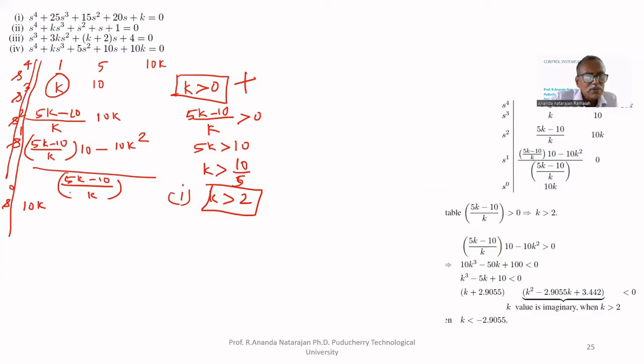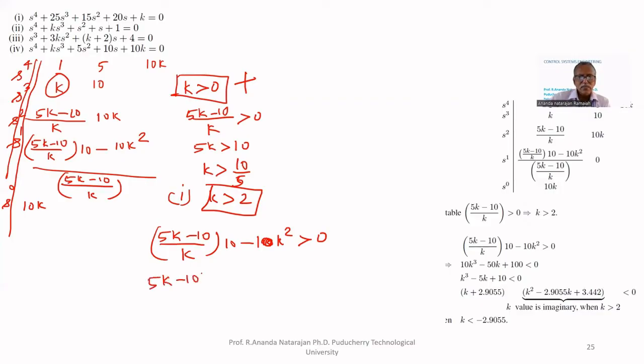Next condition: from the S^1 row we get (5K minus 10) upon K multiplied by 10 minus 10K^2 must be greater than 0. Or we can say that (5K minus 10) multiplied by (10 minus 10K^3) must be greater than 0.